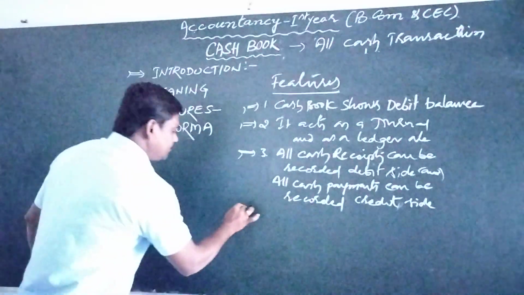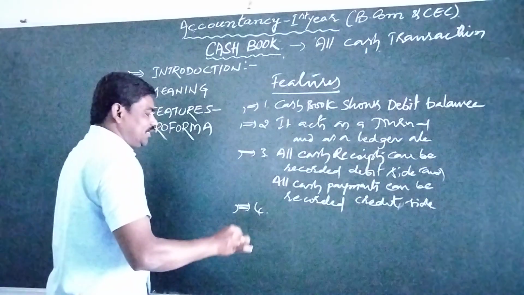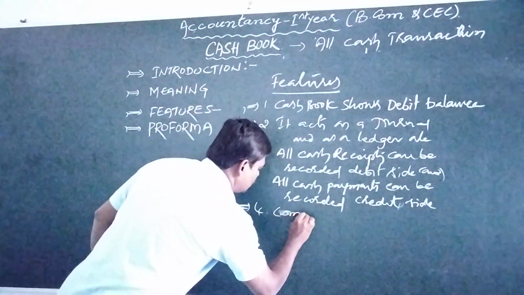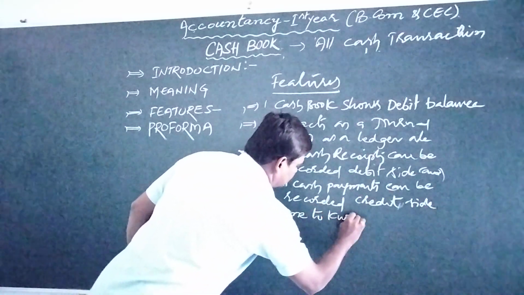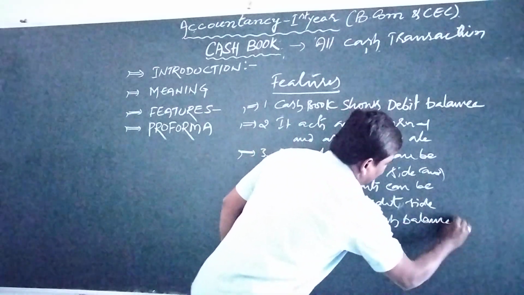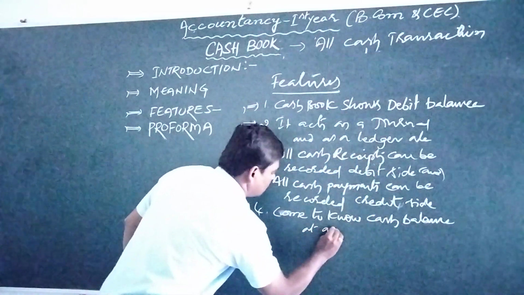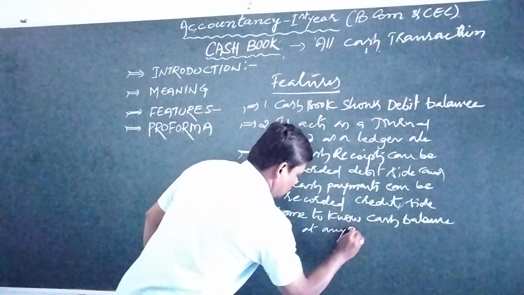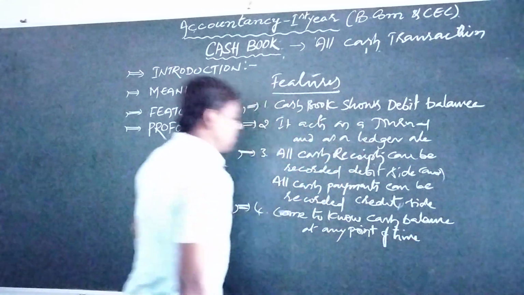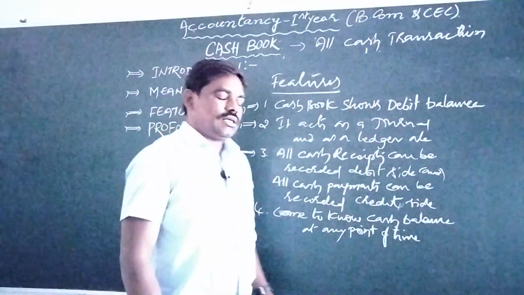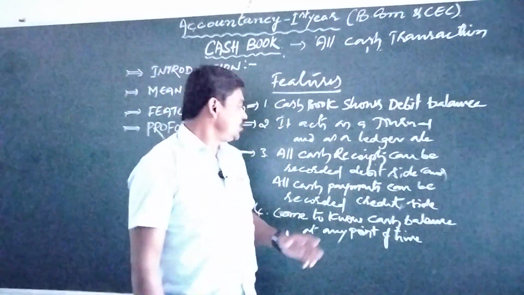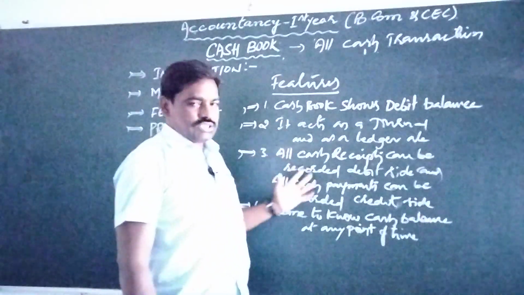Okay, and the fourth one: we come to know the cash balance at any point of time. So we can know the cash balance in the business organization by preparing the cash book. These are the main features of a cash book.